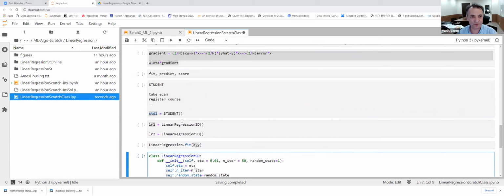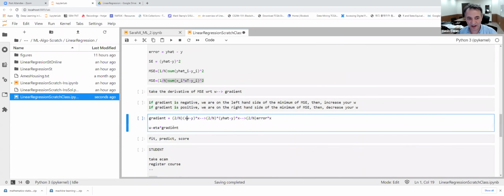Remember, I am going to update my W step by step. At each step, I'm going to take the gradient and check the sign of the gradient. Depending on the sign of the gradient, I'm going to take a step of size eta. And then I'm going to repeat this for some number of iterations.